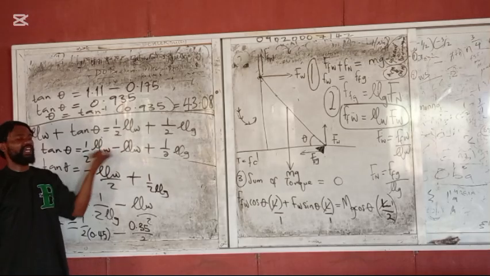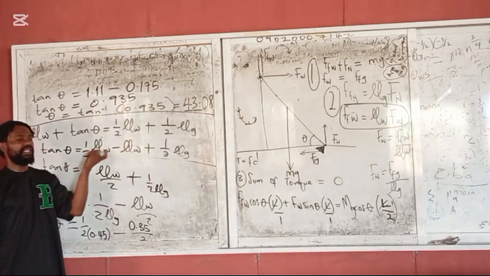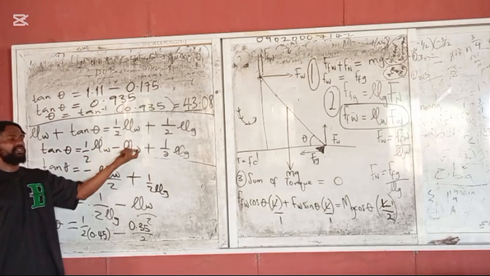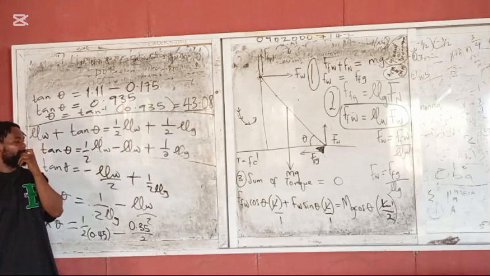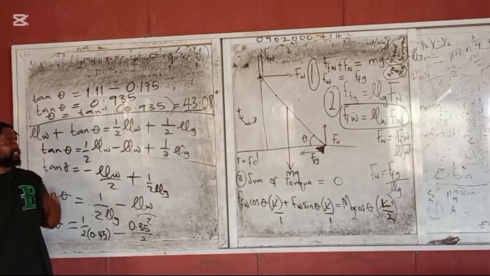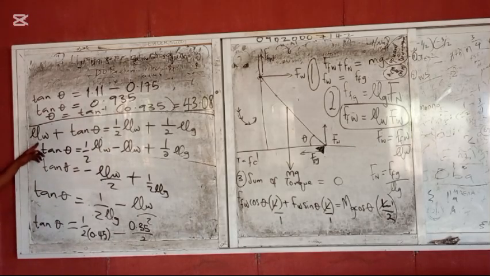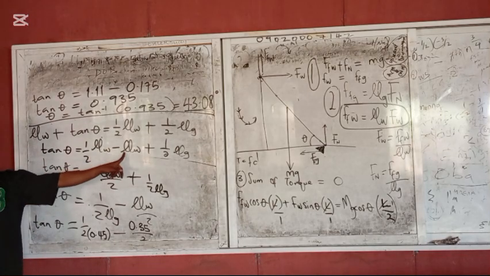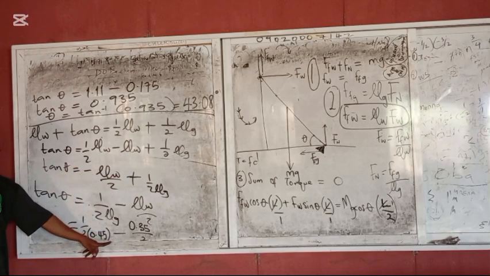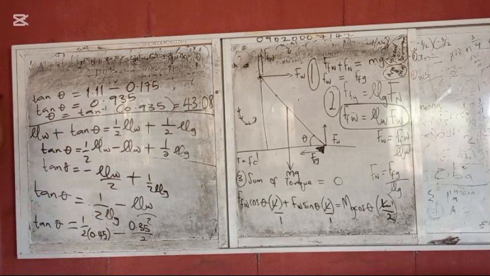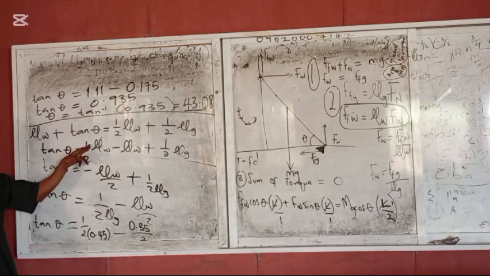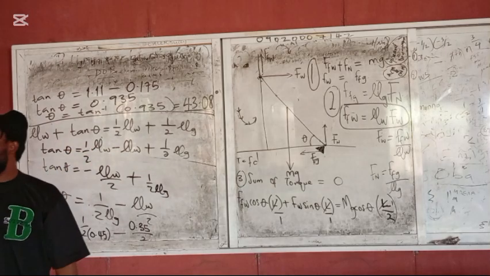Anytime I have something in fraction, the only way to get the answer is by taking the LCM. Do the LCM of UW/2 minus UW/1 and see what you have.